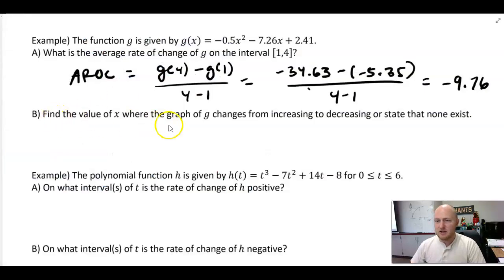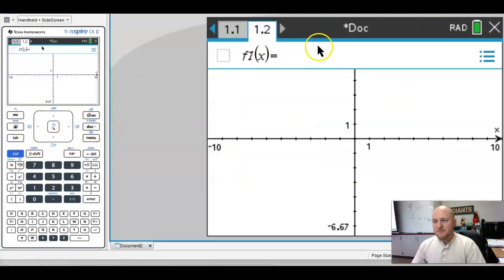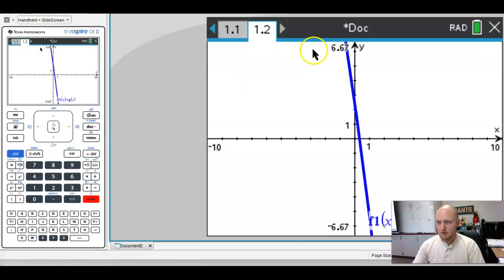Next question here. They say find the value of x where the graph of g changes from increasing to decreasing, or state that none exist. This is a graphical question, and this is why I love to graph functions to define them first. But since I defined it here, I just wanted to show you how to do that. I'm going to add a graph, and it's not too hard. I've already defined it as a function g, so I just enter g of x, and now I have defined the function.